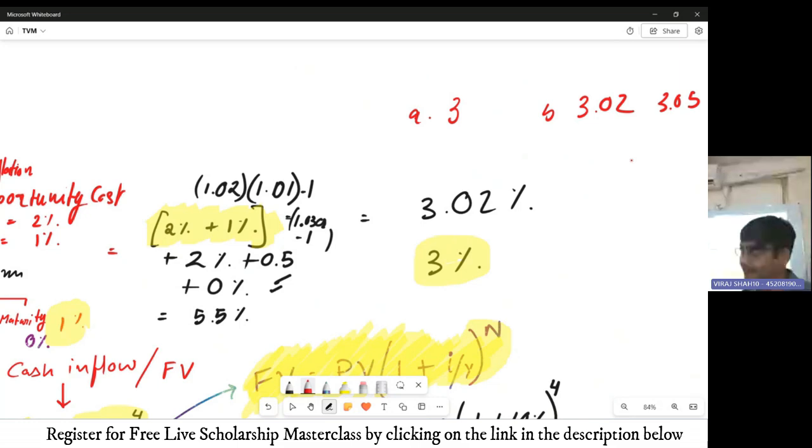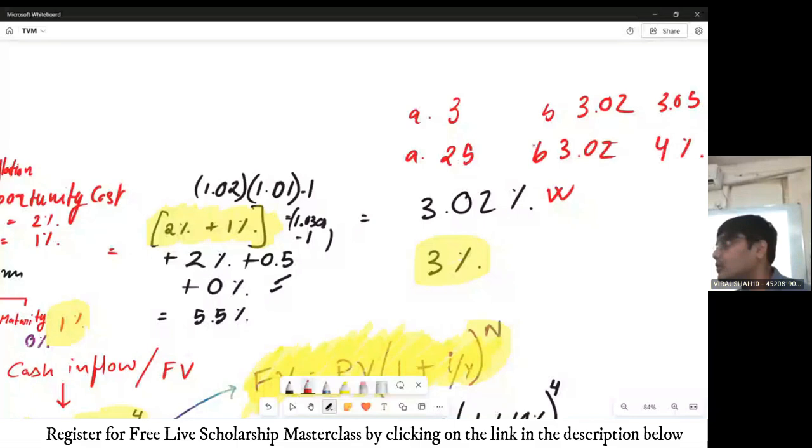Usually CFA Institute does not do this. Usually the answers are far apart, like 2.5, 3.02 and 4. Then even without the exact calculation you can tick B. Whatever is a little above your approximate rate is your answer. This is a technique for the nominal rate of return.